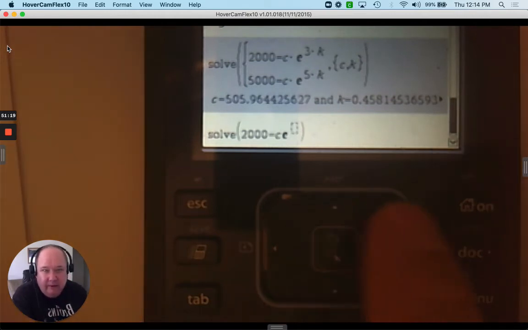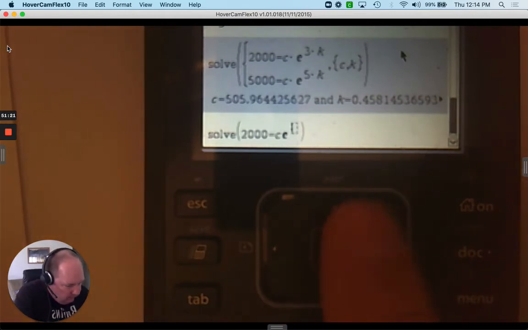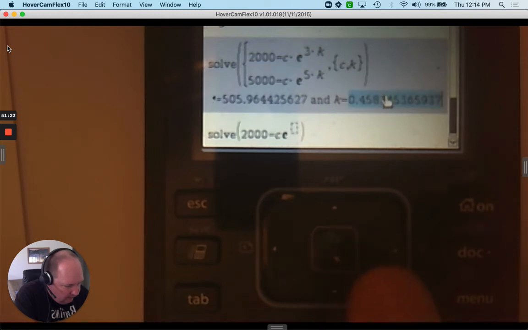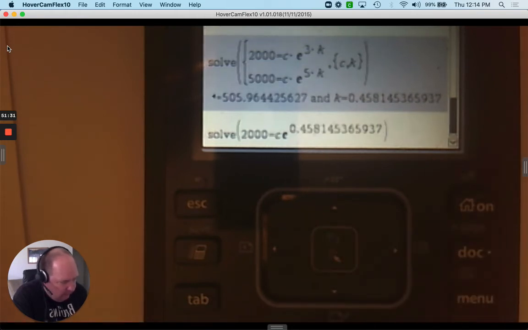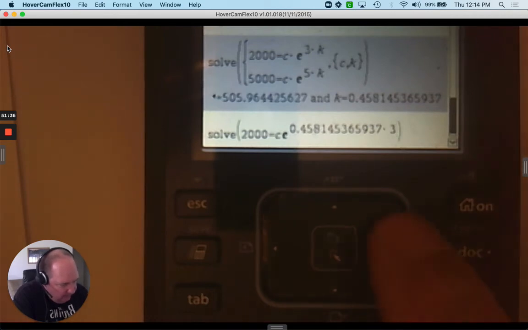So I need this number up here. So I'm going to double click that one, go Control C, and then go back down here and go Control V and paste that whole thing in. That's k, and that's times 3, and then go comma c.